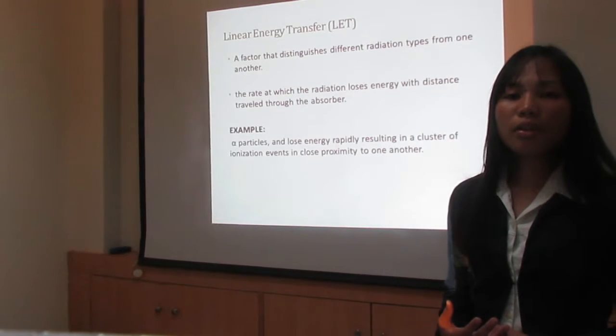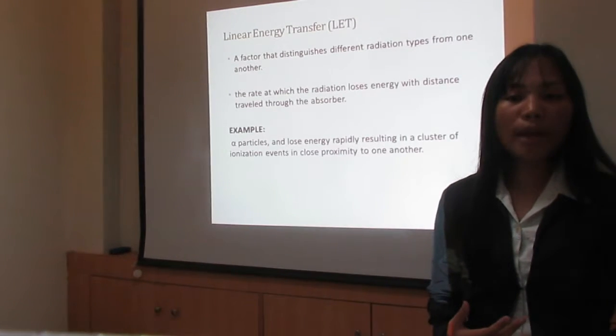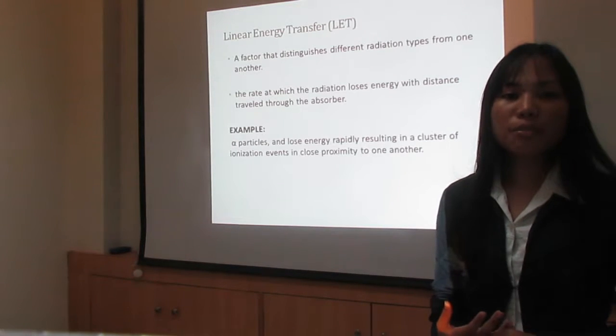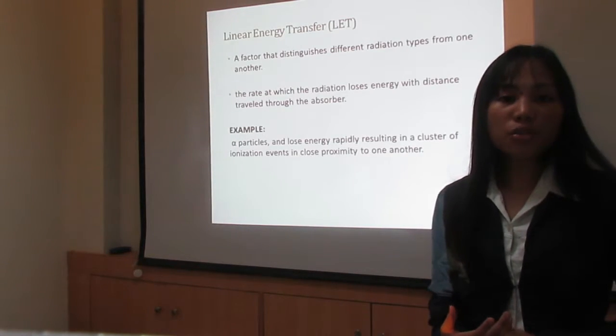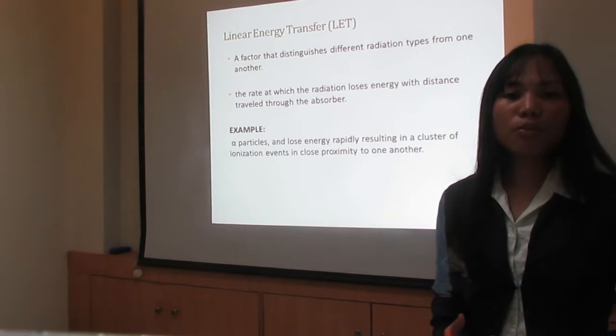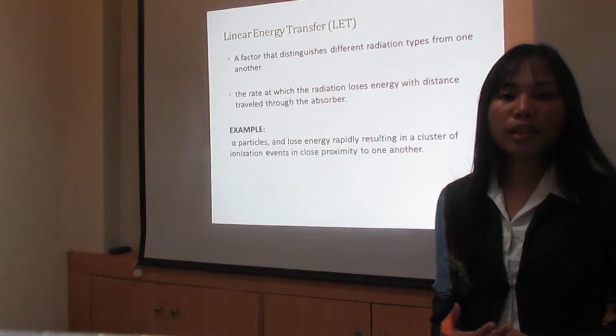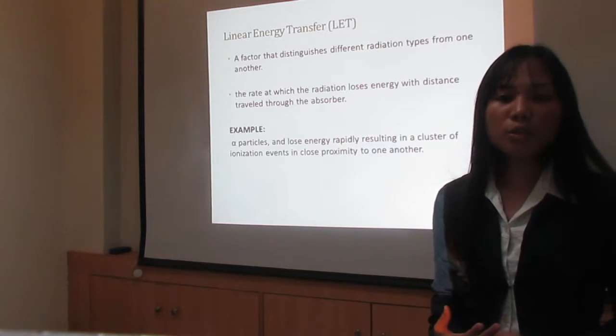Low LET species are usually low mass, either photons or electron-mass species such as beta particles or positrons, and interact sparsely along their path through the absorber or milieu, leading to isolated regions of reactive radical species.